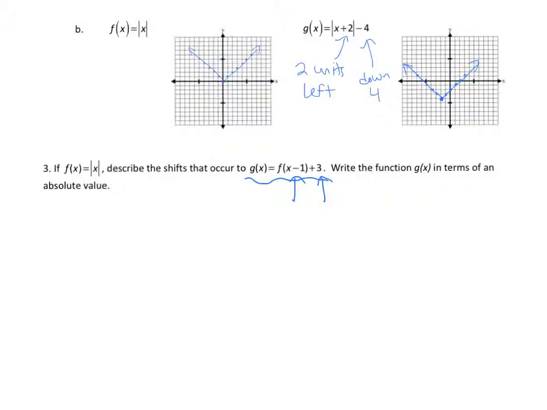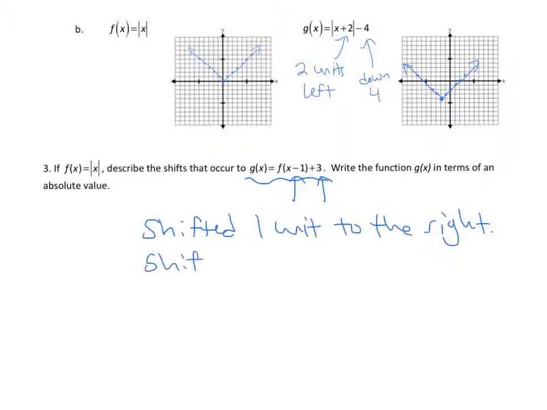So this graph is shifted 1 unit to the right. Remember, the -1, we would think it would go left, but it actually does the opposite, it goes right. But then the +3 is exactly what we would expect. It's shifted 3 units up.